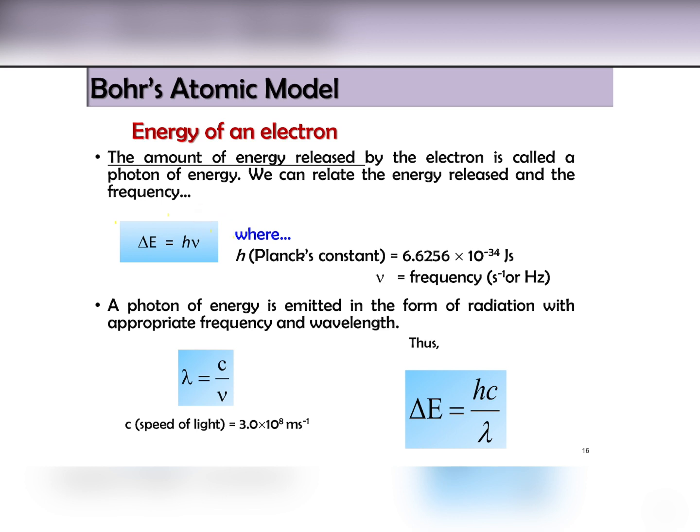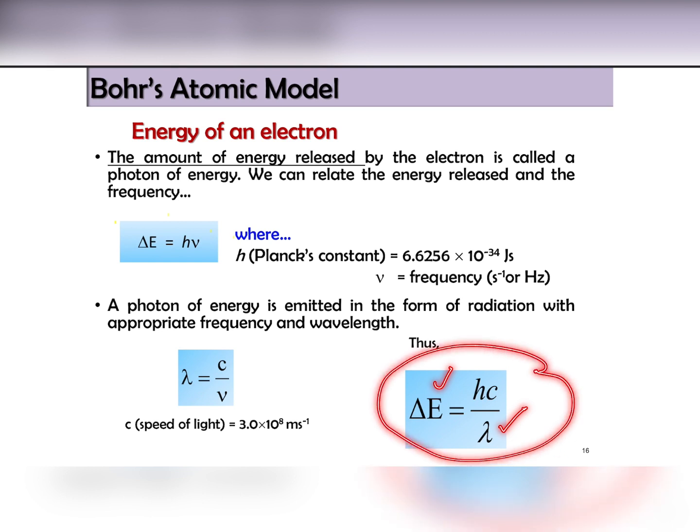Okay, so a photon of energy is emitted in the form of radiation with appropriate frequency and wavelength. Okay, so kalau nak cari wavelength pula daripada this relationship, kita boleh tengok sini. Okay, contoh kalau ada delta E dan kamu nak cari lambda wavelength. Okay, so terus guna this formula pun boleh.